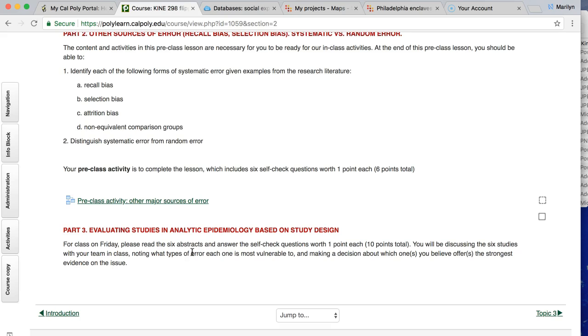They would evaluate them based on what they know about each study design's vulnerability to each of the different types of error, and they should be able to identify the strongest design. So identify which studies should provide the strongest evidence either for or against a causal association.